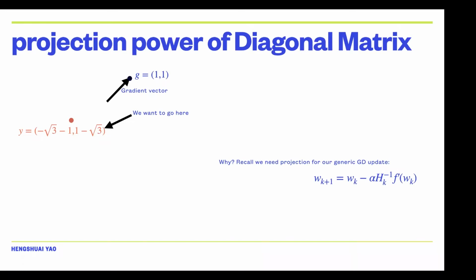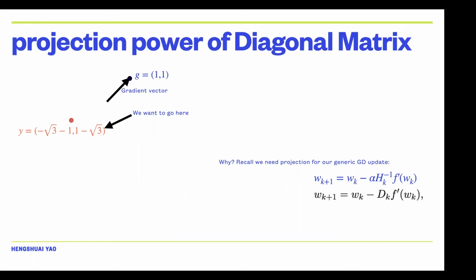Or like we introduced in the generic gradient update with one diagonal matrix, right? So we need to project the gradient in both methods. We want to go from G to Y. How do we go there?